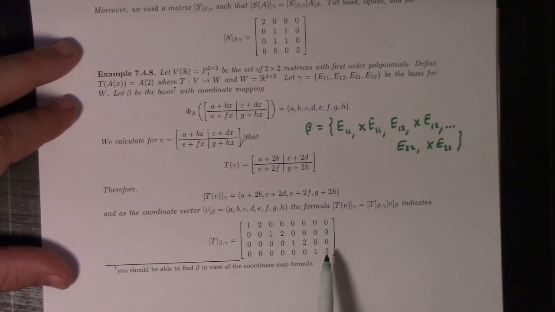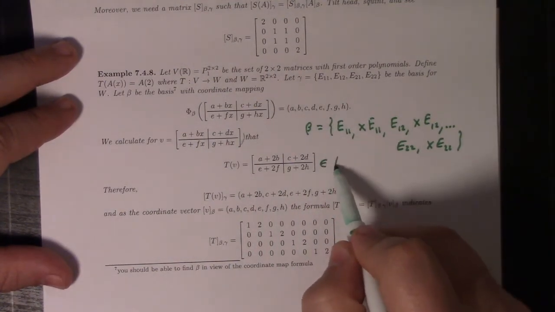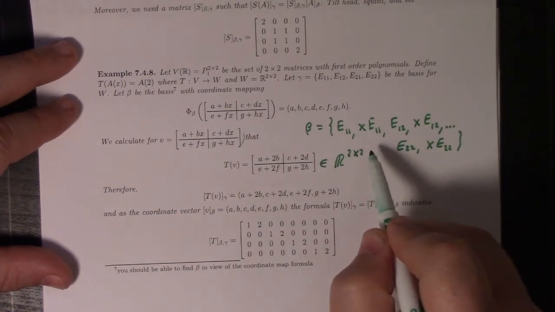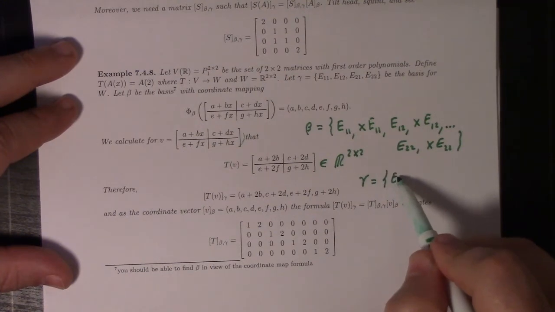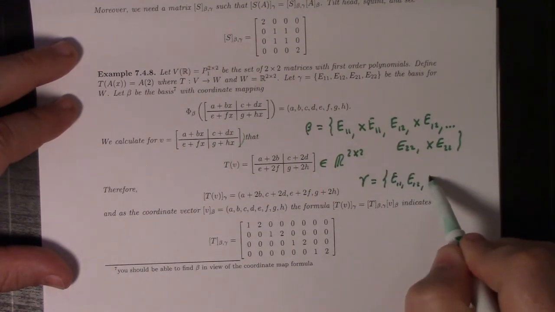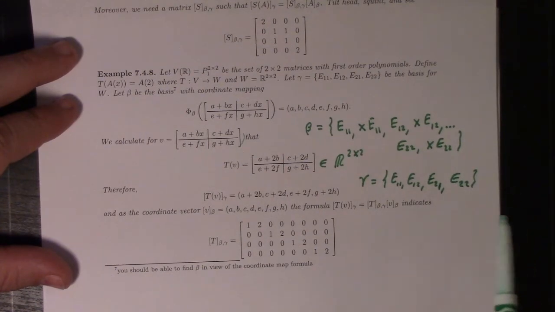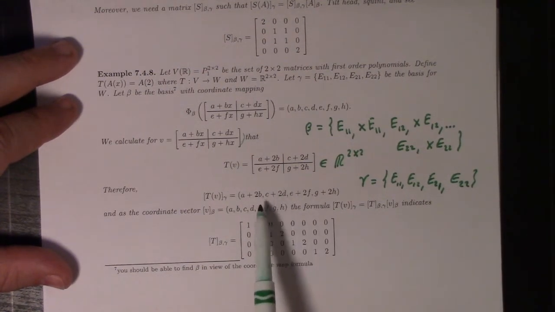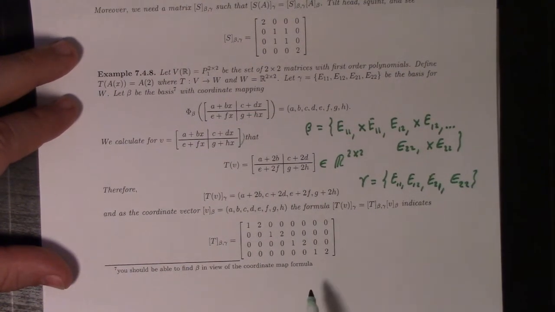And this is an element of our 2 by 2 matrices. So the gamma basis, I'm just using E11, E12, E21, E22. It's a 4-dimensional space, and that's why I just list that one, then that one, then that one, then that one.